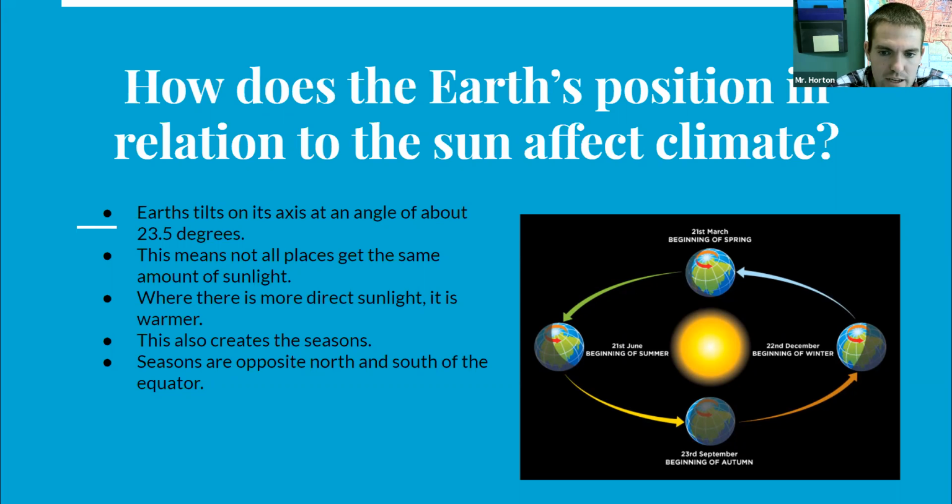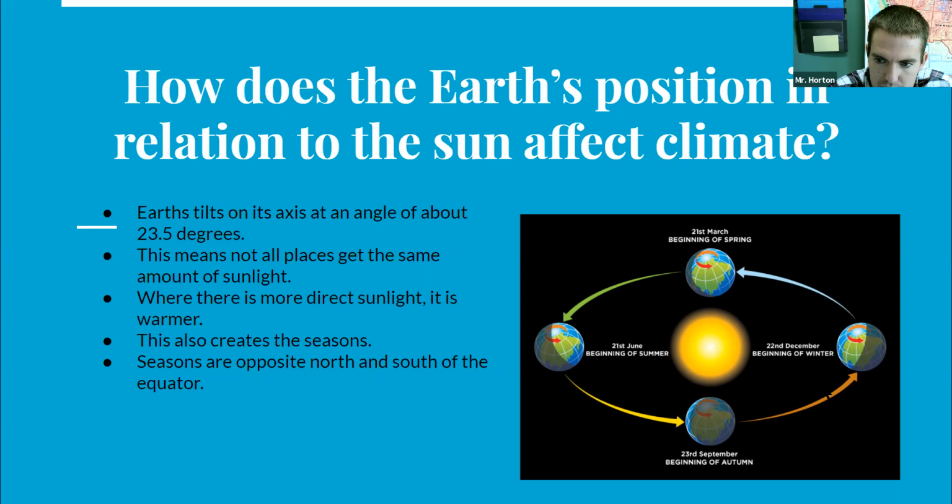As we revolve around the sun, we experience different amounts of sunlight. Right now, if we were looking at the map on the screen, we're right in the middle of this area here, in the beginning of fall and winter, in November. Today is November 9th.